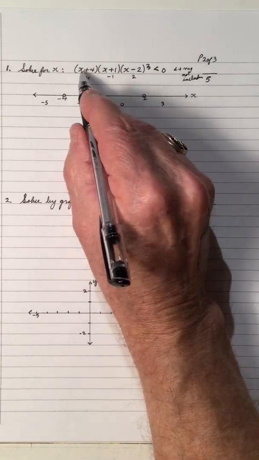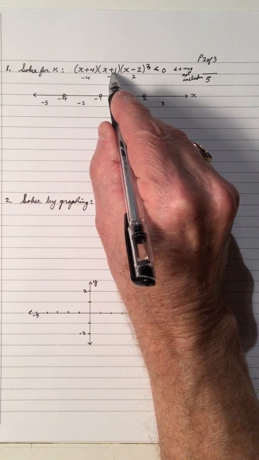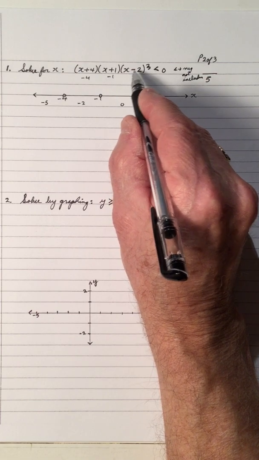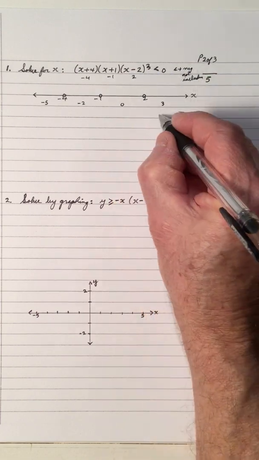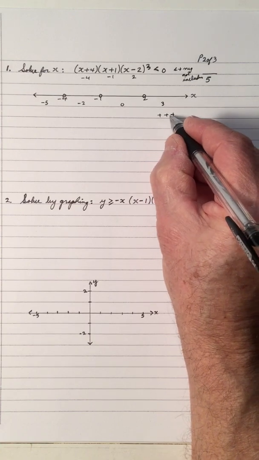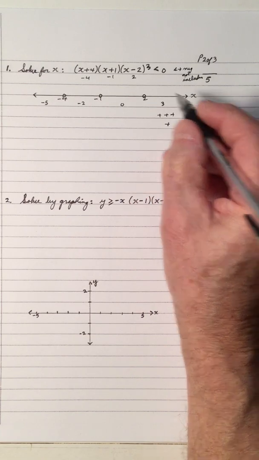So when I take 3 and sub it in here, I get a plus. When I put 3 in here, I get a plus. When I put 3 in here, I get a plus, and a plus cubed is still a plus, so I get a positive and a positive and a positive. So the product of all of those is a positive.